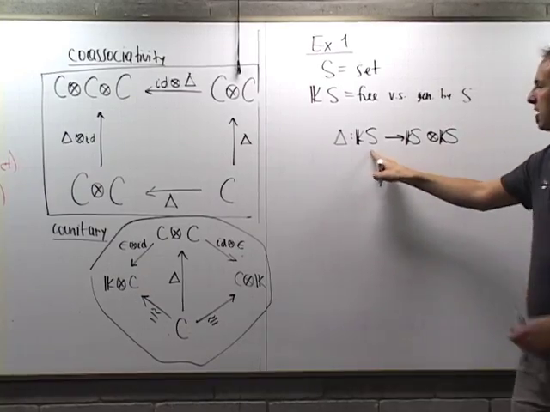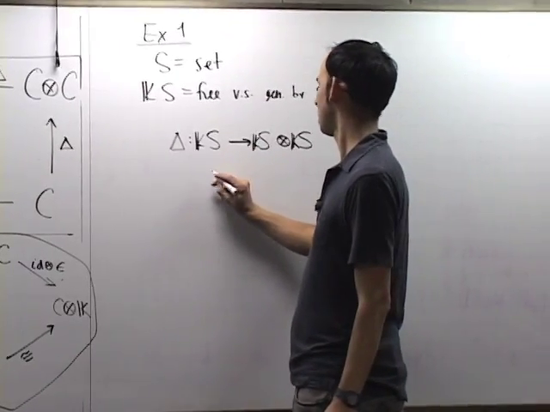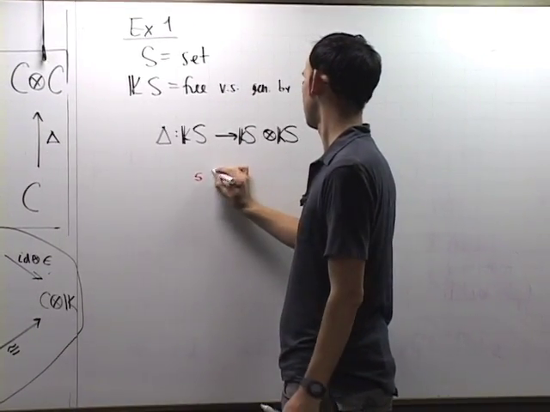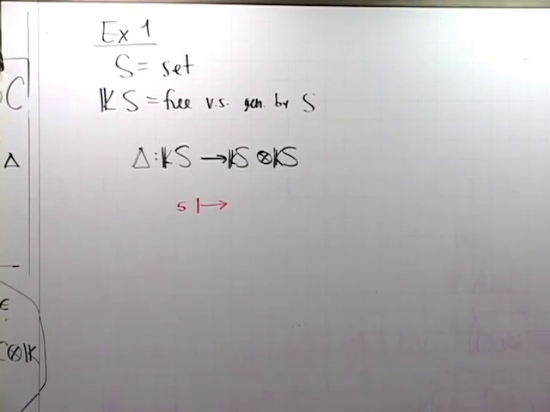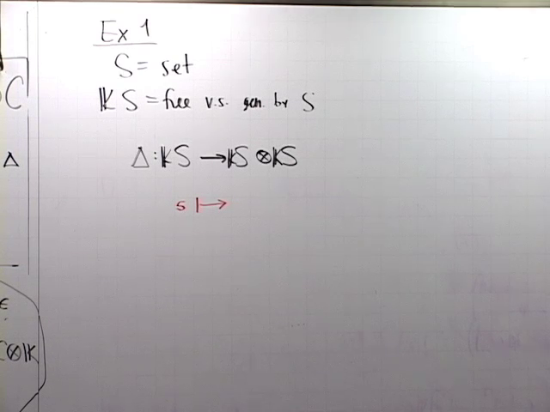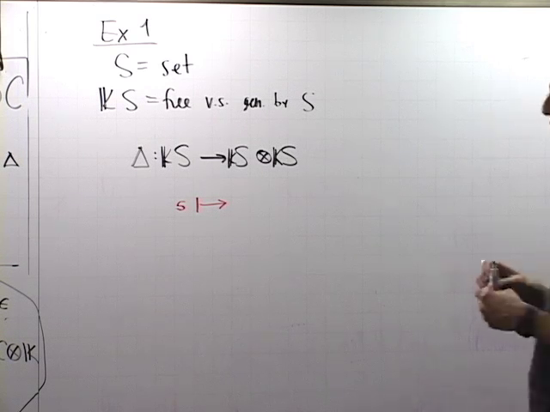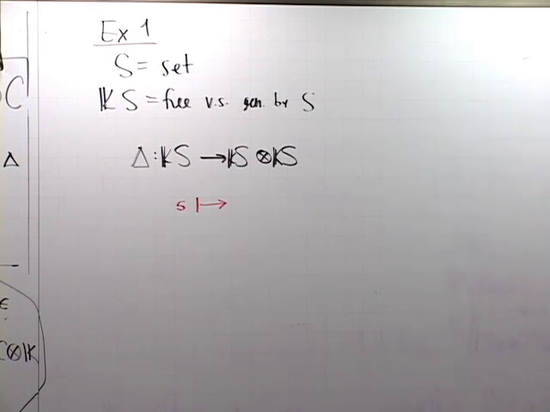So let's take a generator here, for example, little s, and send it somewhere. Okay? Where would you like to send it? What would you do? To 2 copies of S.